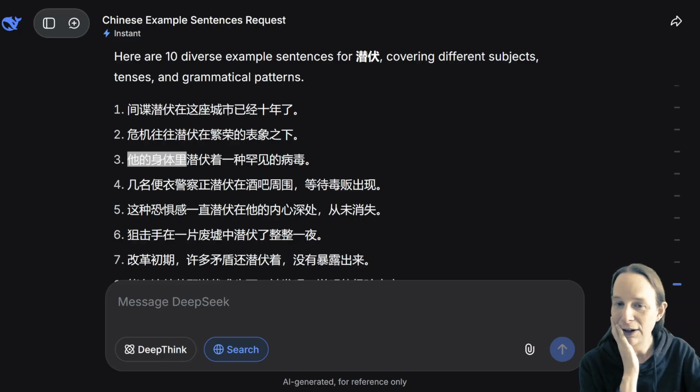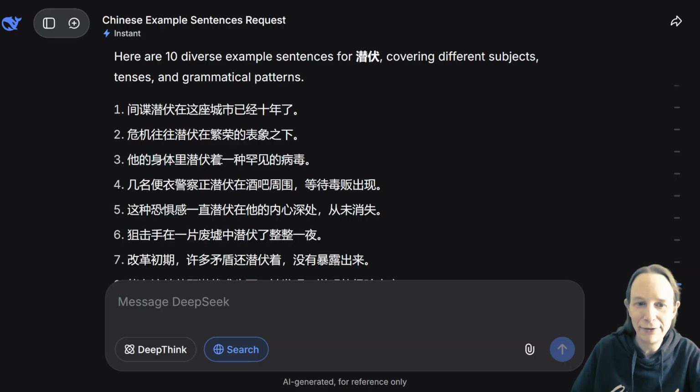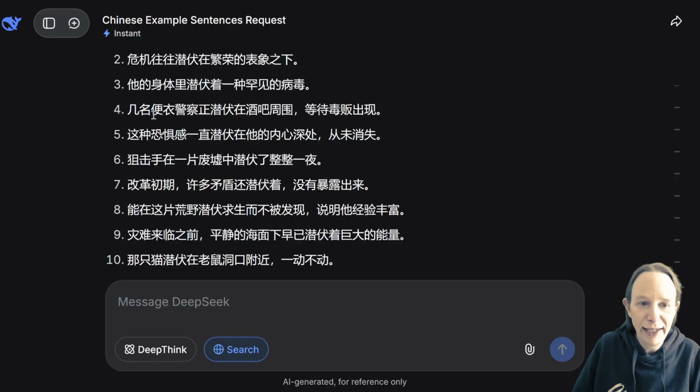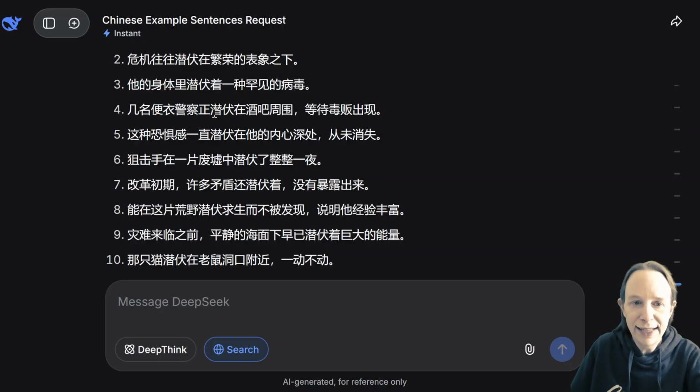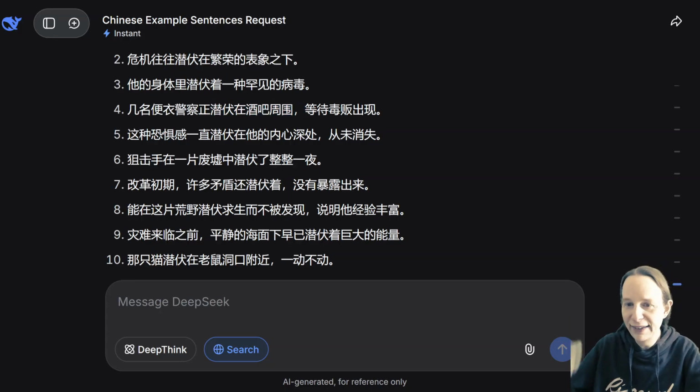Actually, no, inside his body that could be the subject. 潜伏着一种罕见的病毒。几名便衣警察 plainclothes police officers 潜伏在酒吧周围。So they're kind of concealing themselves around a bar 等待毒贩出现, waiting for drug dealers to appear.